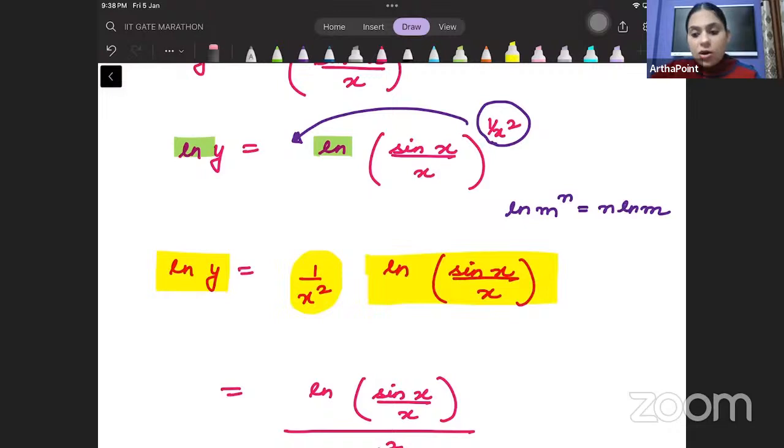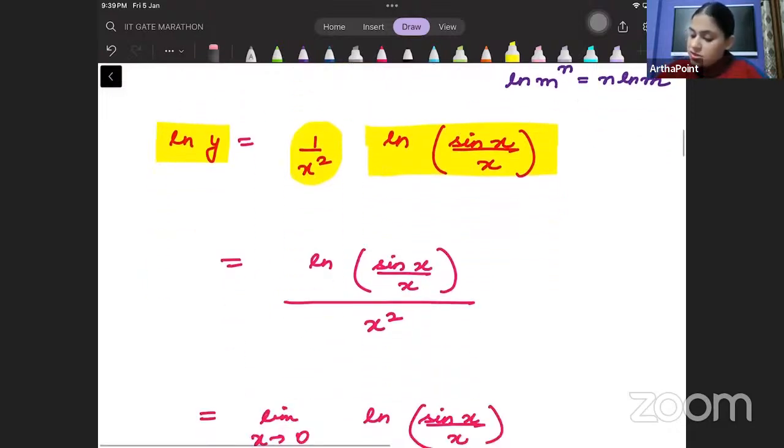Right? Now, once you have done this much, I want to somehow bring this into the form of L'Hopital. Yes, I need to bring this into L'Hopital form. If this is 0 by 0 form, then maybe I can differentiate.